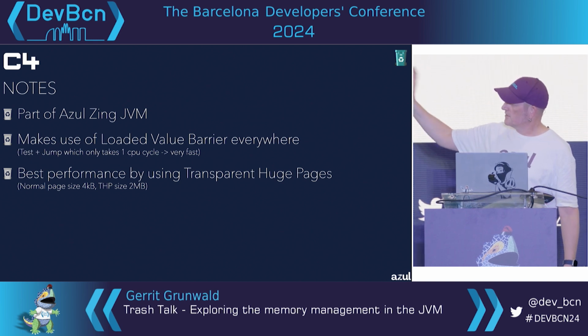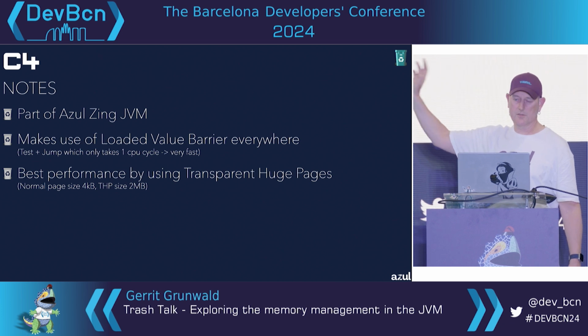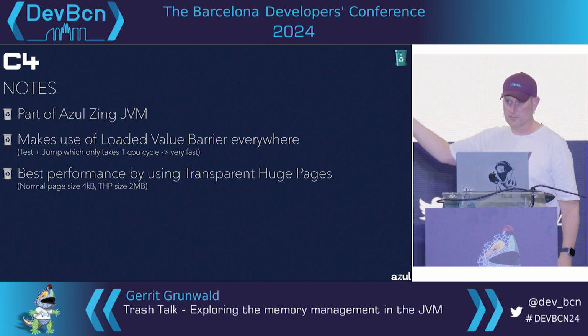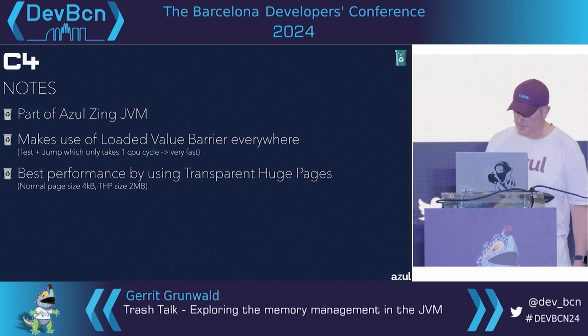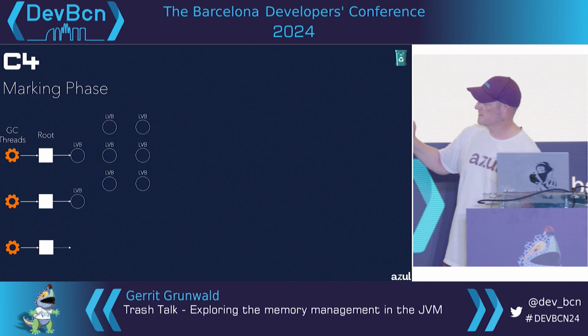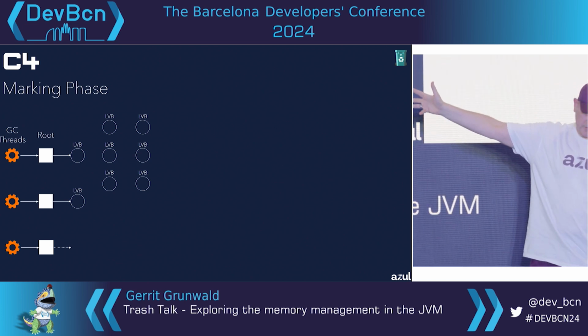So yeah, if you are on Linux, it makes a lot of sense also for ZGC using transparent huge pages, which is the memory page size in Linux. That helps the collector because this is bound to the memory page. And if we take a look at the marking phase here, then it's a little bit different. This also is true for ZGC. You see the orange threads.